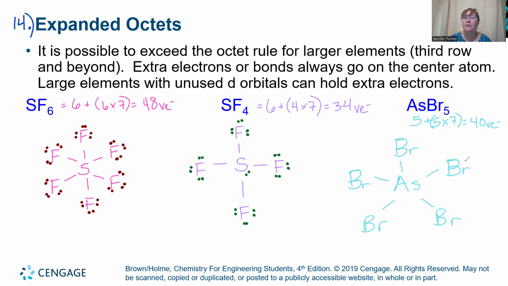So we've got 12, 14, and 16, and notice they're going in pairs, and then 18, 20, 22, 24, 26, 28, 30, 32, 34, 36, 38, and 40. So now I've placed my 40 valence electrons. So these are some examples of how we would expand our octet.